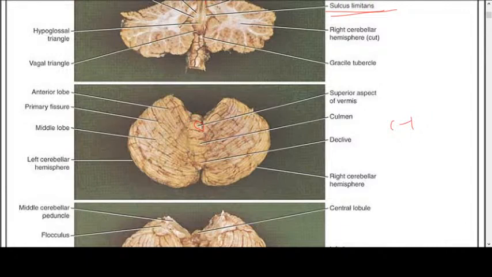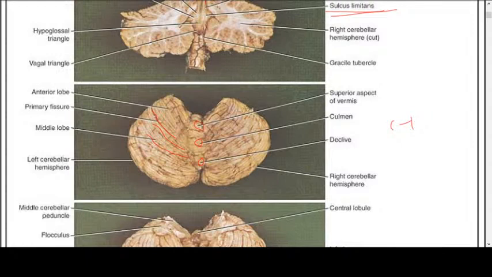This is culmen. This is declive. This one right here is a median lobe. The hemisphere could be divided into various lobes. Okay, we could see some fissures. This one is the primary fissure.